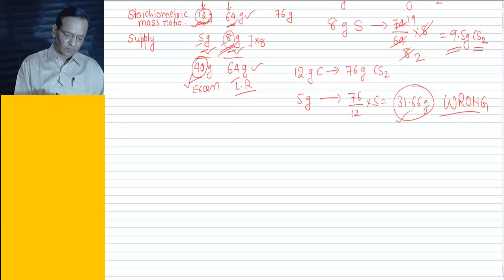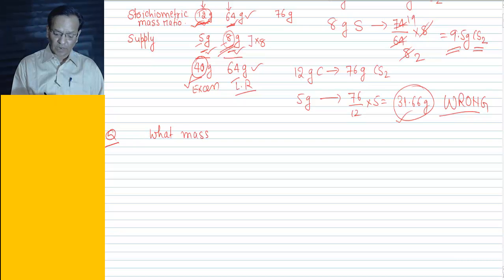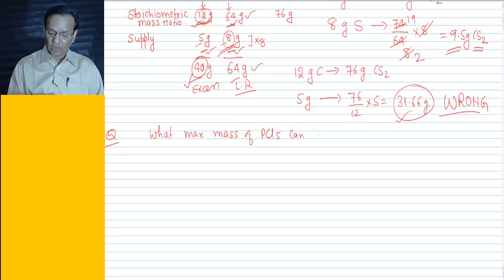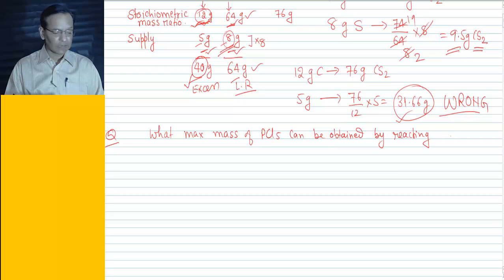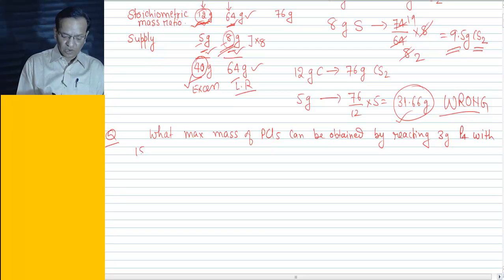Suppose we are given a question: what maximum mass of PCl5 can be obtained by reacting 3 gram of phosphorus with 15 gram of chlorine gas.